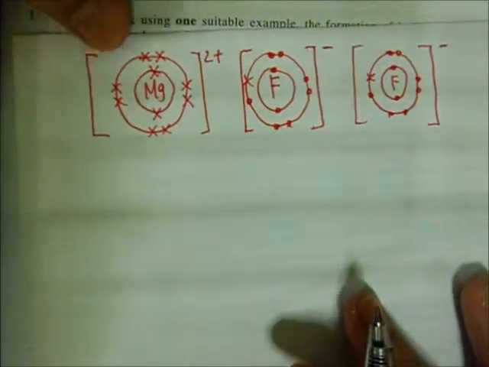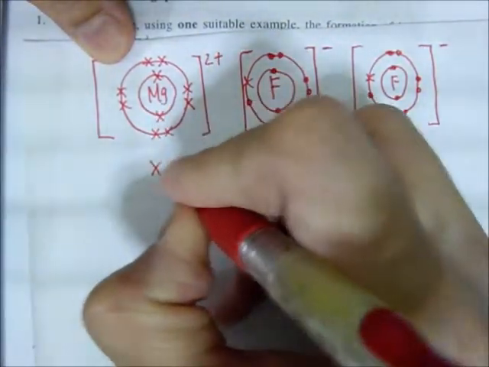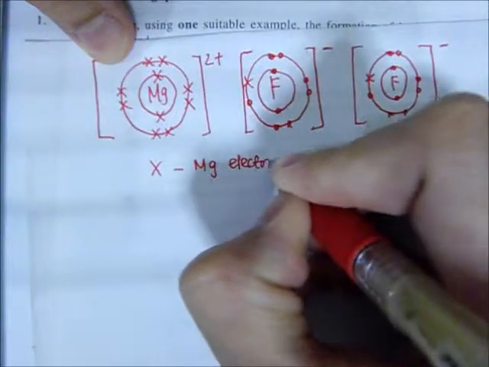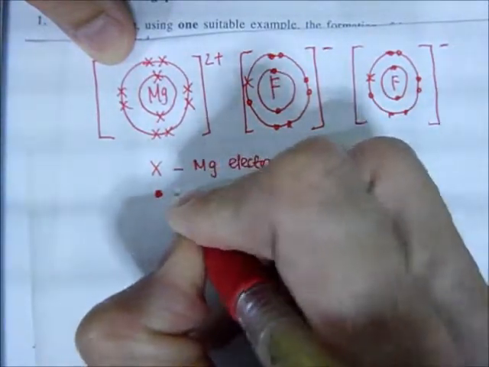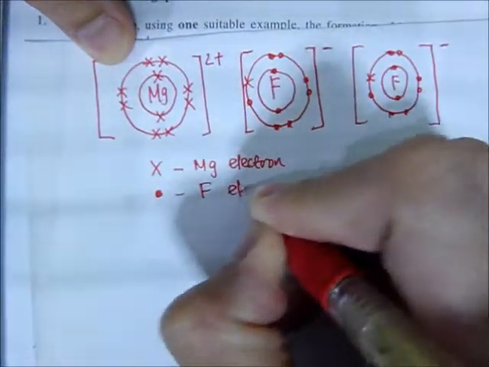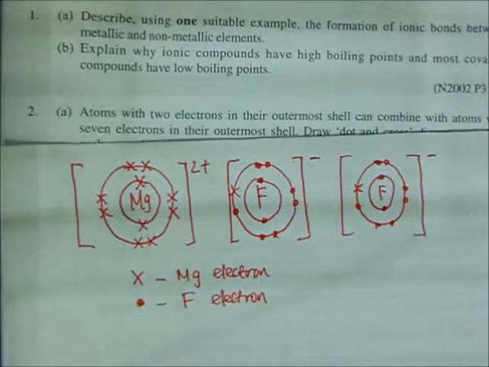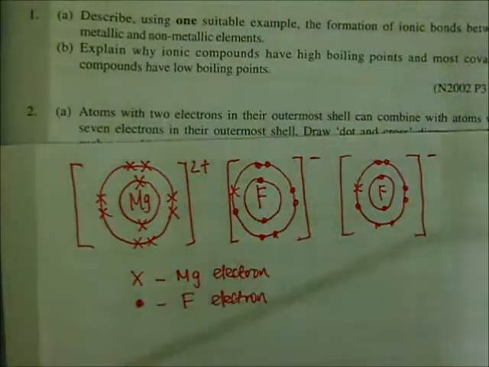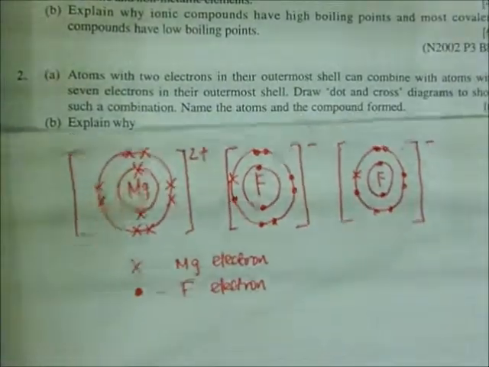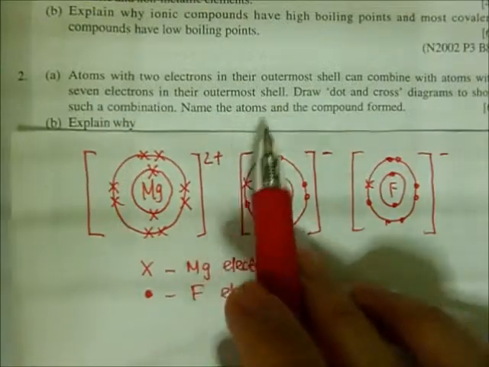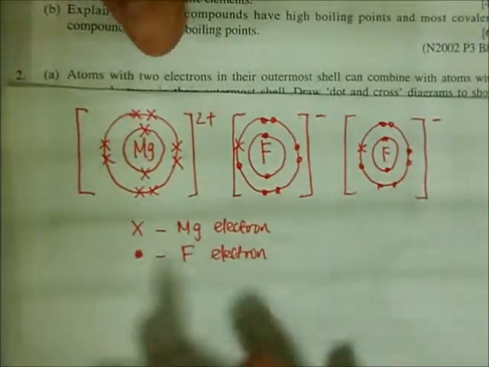Then you have to draw the legend. Magnesium electron, fluorine electron. Okay, so you have to draw the dot and cross diagram to show such a combination, and then you have to name the atoms and the compound formed.